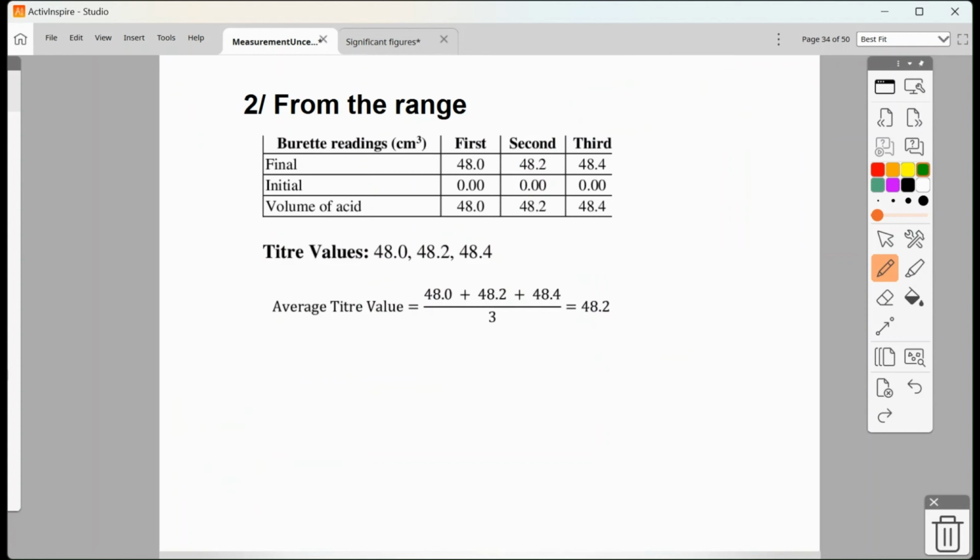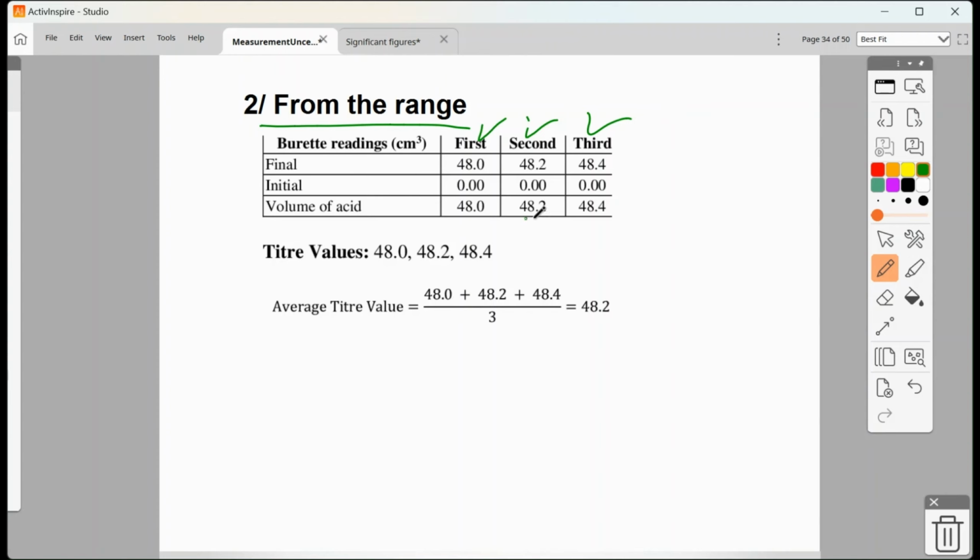What if we don't have the device? We calculate our uncertainty from the range. For instance, in a calculation, we have these readings: first reading, second reading, and the third reading. Different readings. So how do we find the uncertainty?